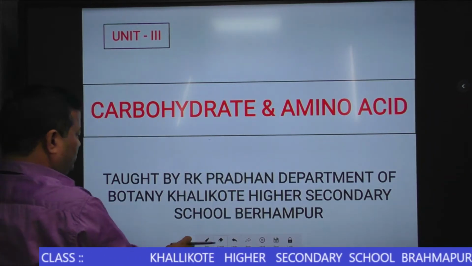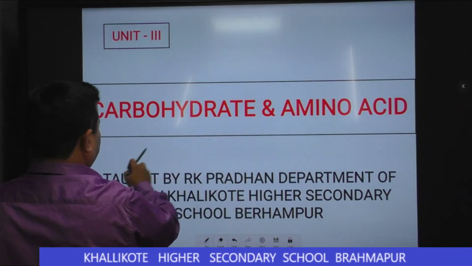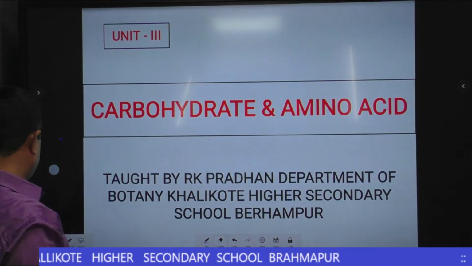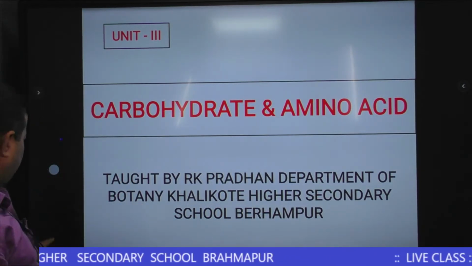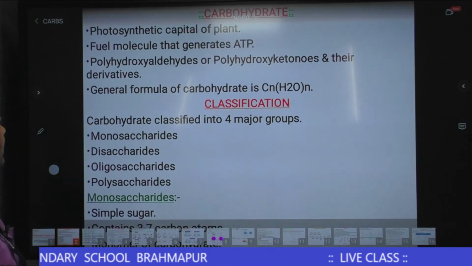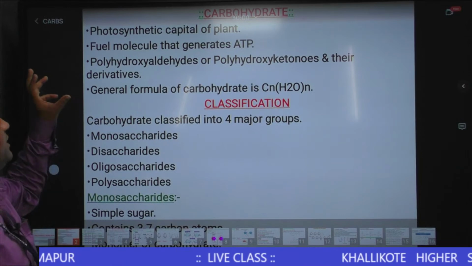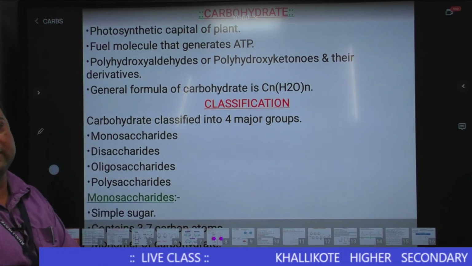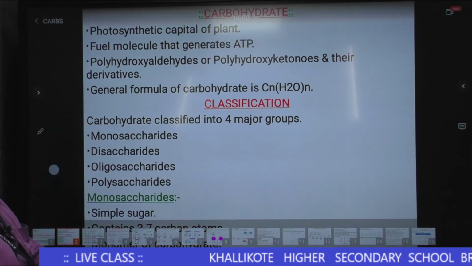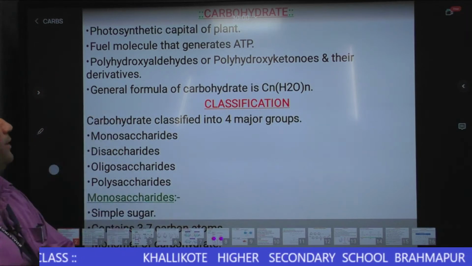Then coming to carbohydrate. We know carbohydrate is the photosynthetic capital of the plant. Why is it considered the photosynthetic capital of the plant?